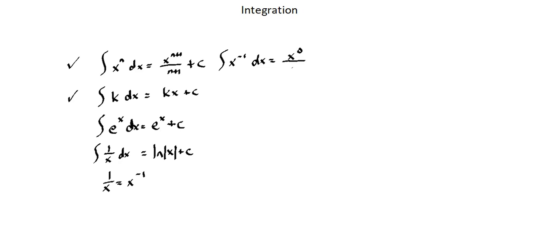Negative 1 plus 1 is 0. And that's not a valid result. We use the reverse power rule when n does not equal negative 1. If n equals negative 1, then we're going to use the integral rule, which is the integral of 1 over x with respect to x is the natural log of the absolute value of x plus c.